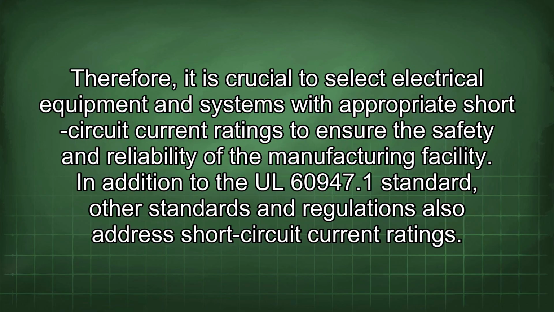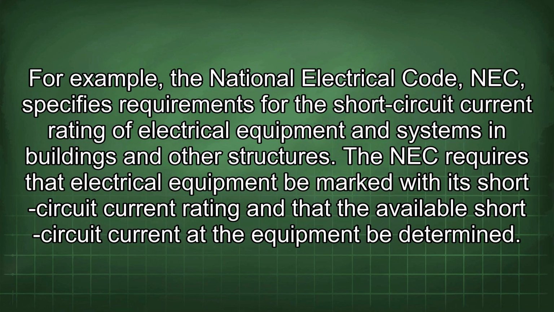In addition to the UL 60947.1 standard, other standards and regulations also address short-circuit current ratings. For example, the National Electrical Code, NEC, specifies requirements for the short-circuit current rating of electrical equipment and systems in buildings and other structures.